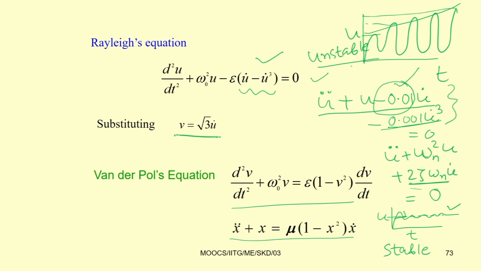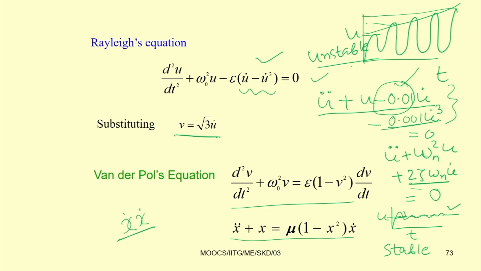So, here what you can see, though you have a nonlinearity, that nonlinearity is not cubic in damping. You have a nonlinear term that is x square into x dot.